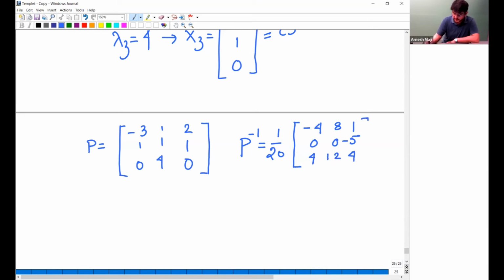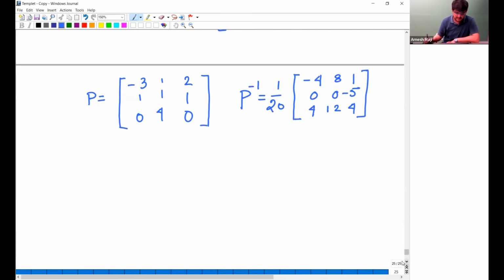Now, what is the significance of diagonalization? We will see that, but let's first diagonalize this matrix.